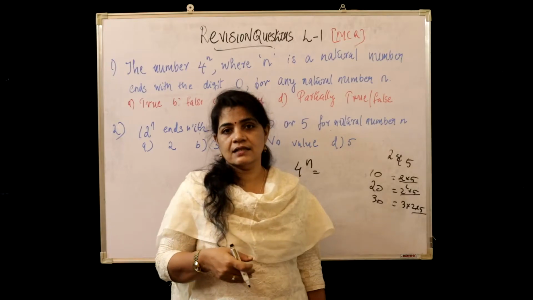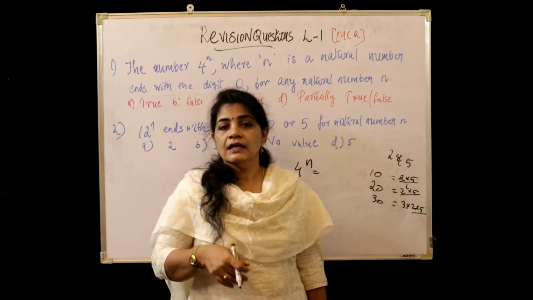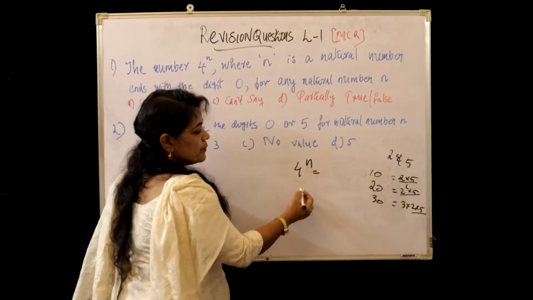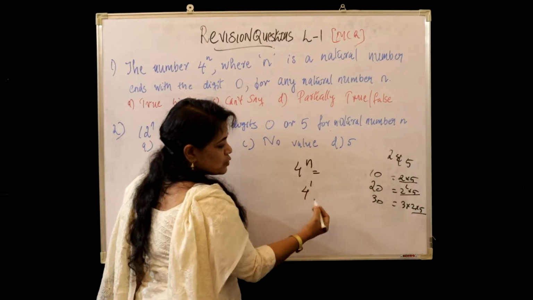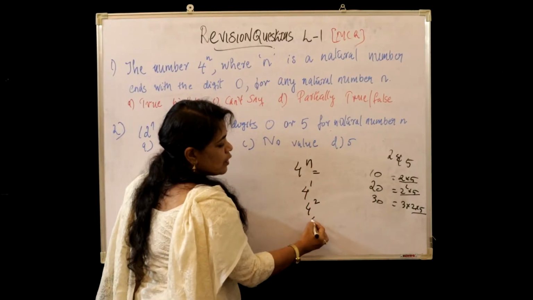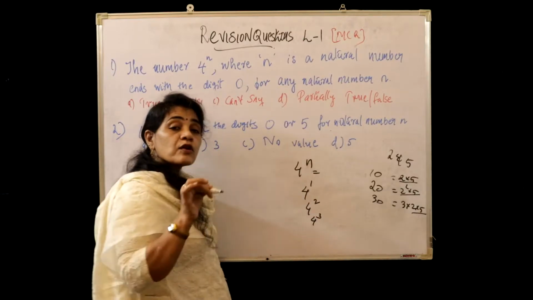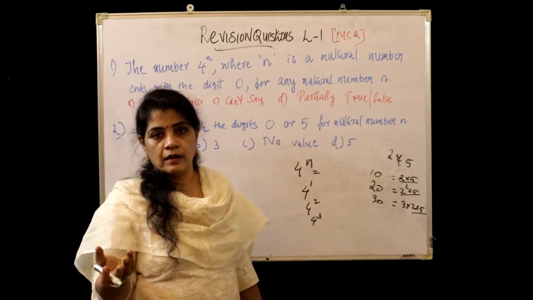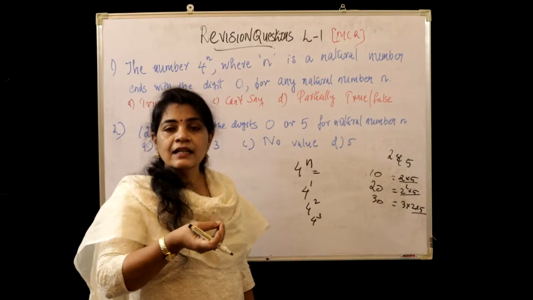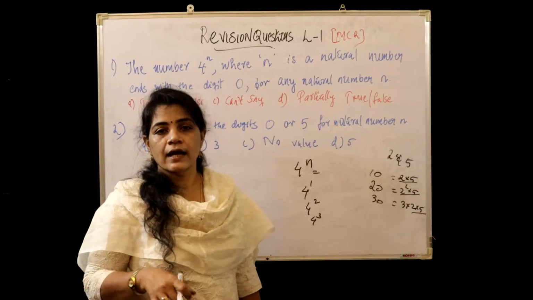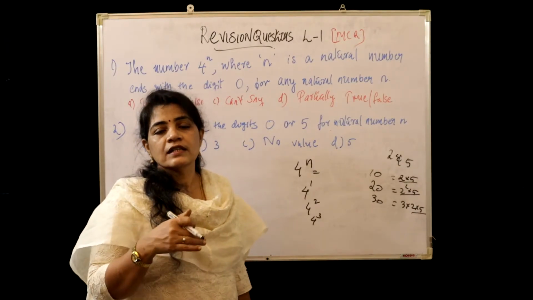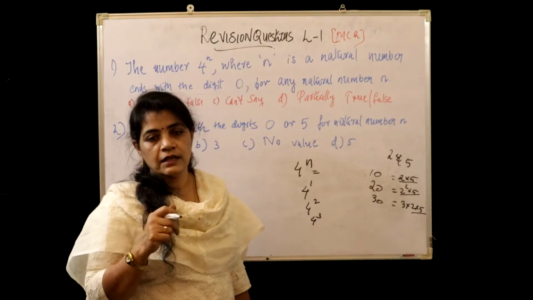So in this case, you have to check whether the number of the form 4 raised to n, meaning 4 raised to 1 or 4 square, 4 cube, where the power n can be any natural number, will contain the prime factors both 2 and 5. If it is so, you can say that this is a true statement, otherwise false.